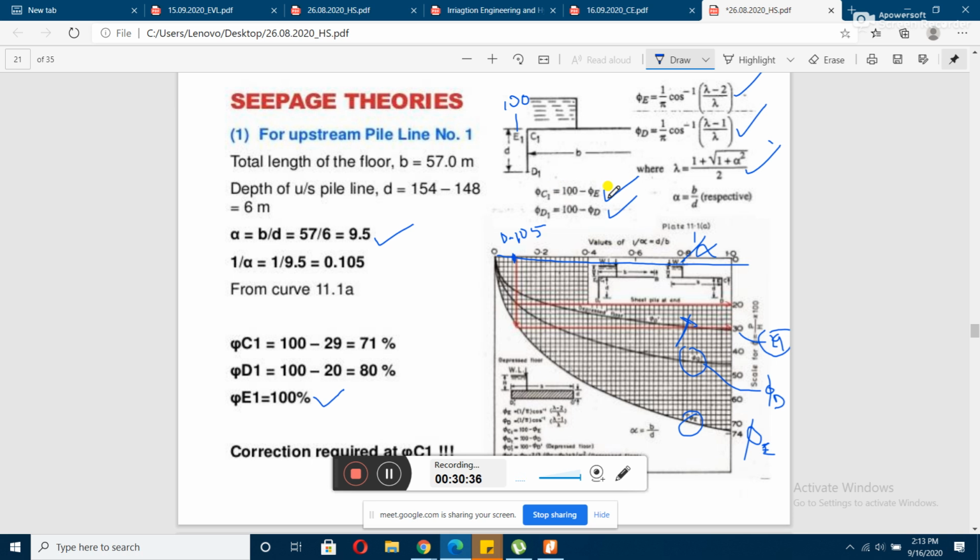And for phi d1, that is 100 minus phi d, so what is the value of phi d? This is the curve. We draw a perpendicular like this, and from that perpendicular we draw a horizontal like this, so this turns out to be 20. You can see this turns out to be 20, so 100 minus 20 is 80. Has everybody understood?